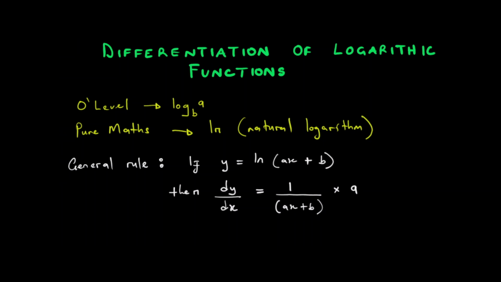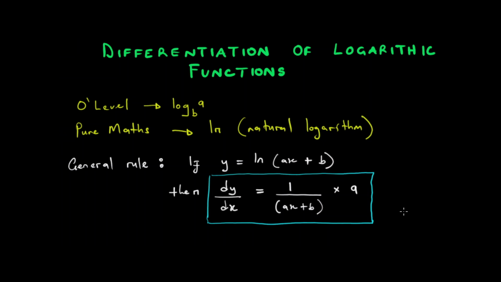So this part now, we have to box it because it's important. This is showing the gradient function, it is showing that we differentiate logarithmic functions. So if y is equal to ln of ax plus b, the derivative dy dx is equal to 1 over bracket ax plus b times a.